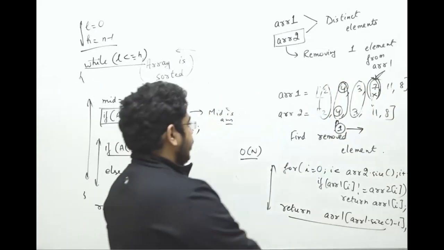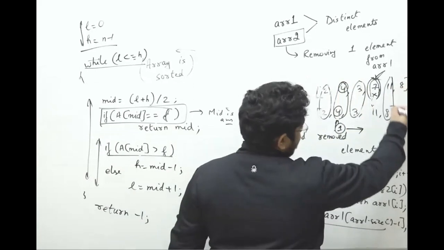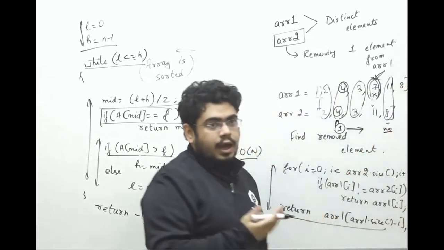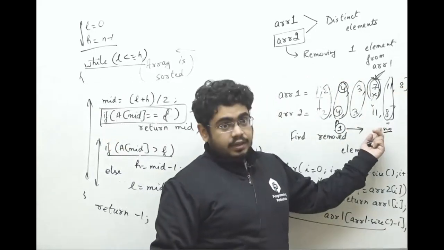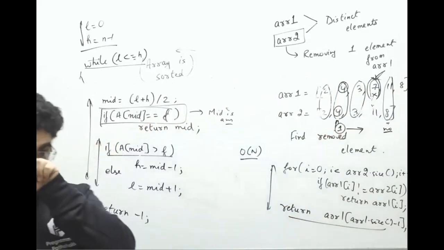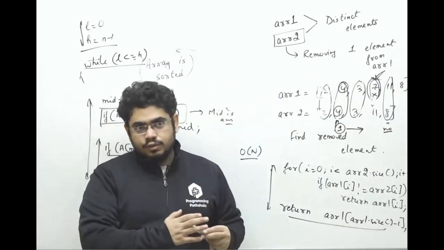Similarly, if you are at this place and you ask me, are they equal? And I say no, that means the answer was on the left and we have passed it. Can I say that? And I need to search on the left. So for binary search, a sorted array is not important.